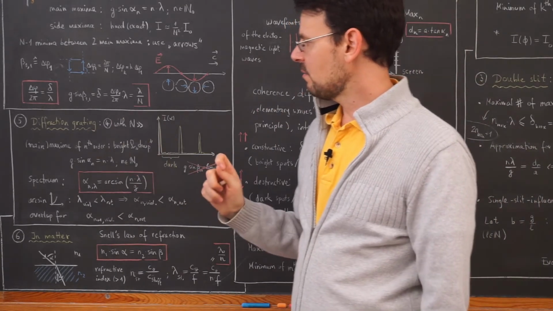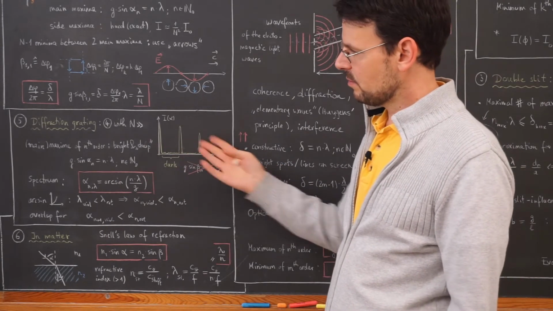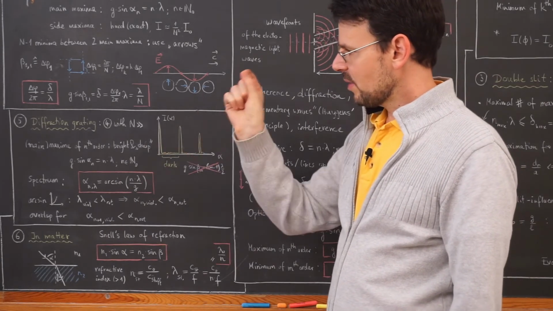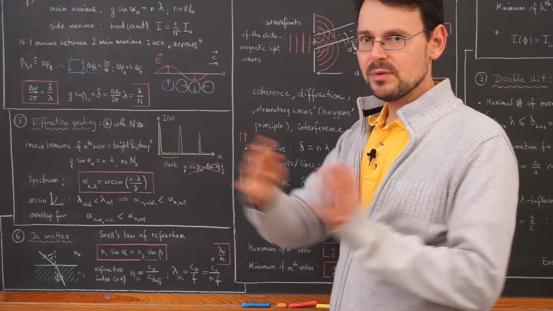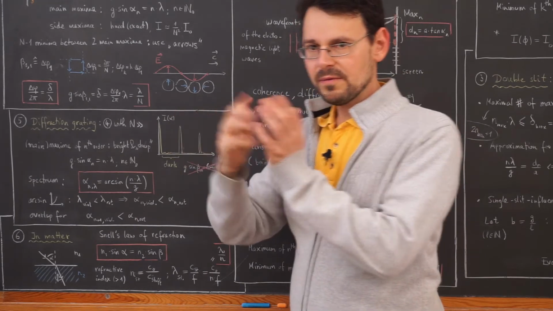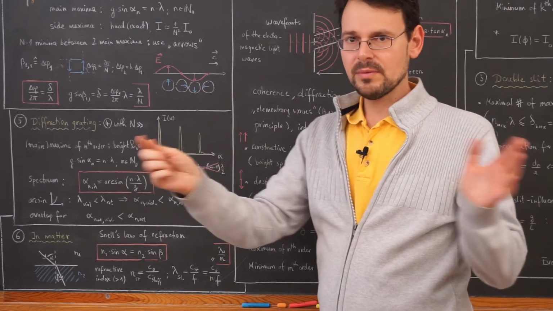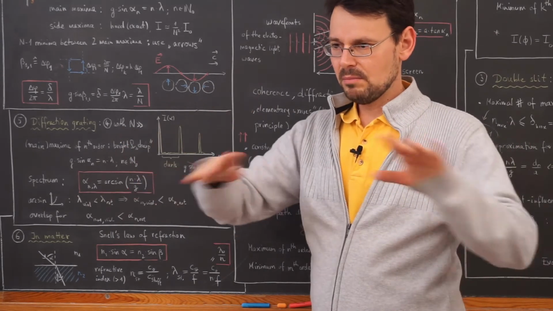And this has many advantages for experiments because the interference diffraction pattern consists simply of points, and between the points is darkness. So it's very easy to read off the right angles or the right distances, opposed to a double slit, for example, where the whole pattern is very blurry.